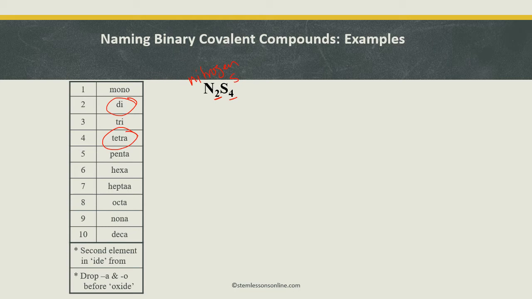And the name of this one is sulfur, but we cannot write sulfur, we have to end in IDE. So the name is going to be dinitrogen tetrasulfide. These are the prefixes. So from the name you can figure it out easily by looking at the prefix. Also, nitrogen and sulfur are non-metals, so that is a covalent compound.